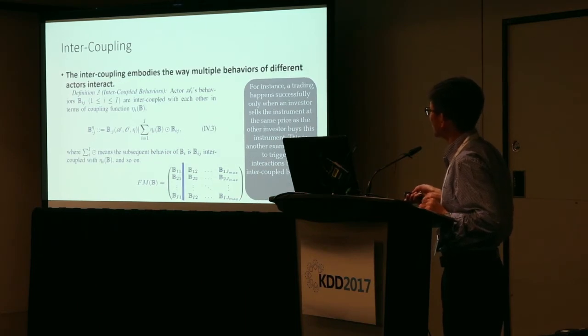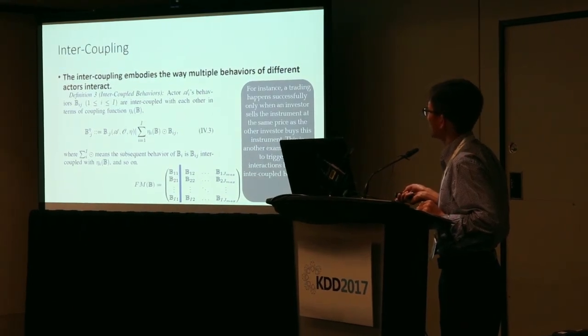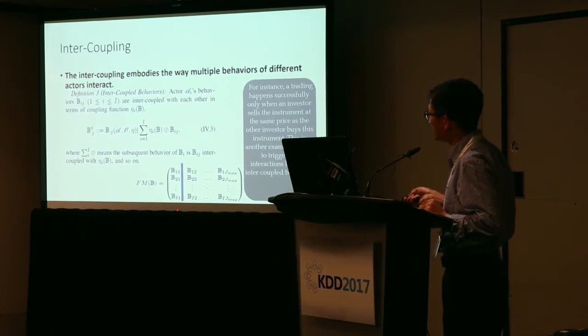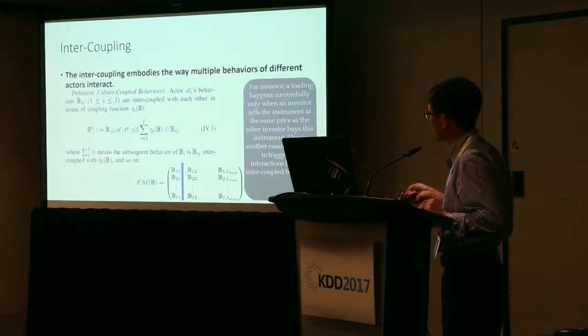The second part is, for a time point or time window, which is vertical, we have to look at what is the relation between B1, for example, for the same time point or time window. And we have to model and find another relation, called the intercoupled relation, the eta I.